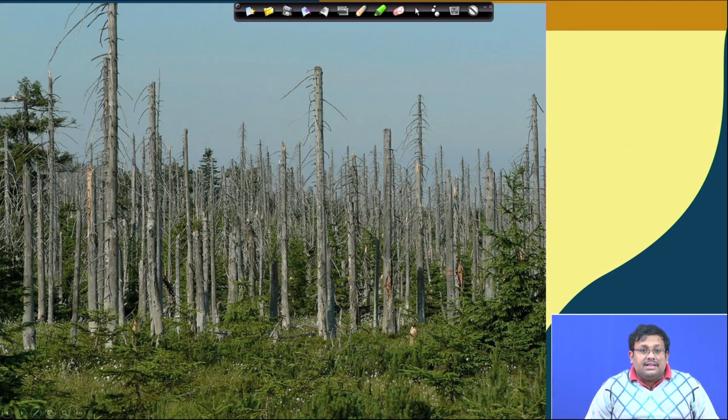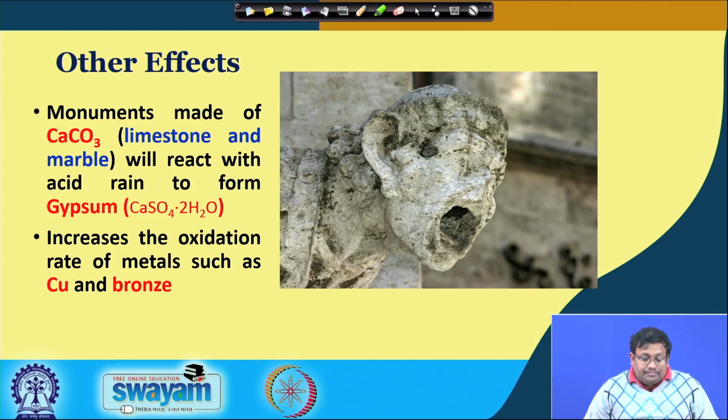As you can see here, this shows a forest area impacted by acid rain, and the deleterious effect is clearly visible. So we should be very careful with industrial operations, as well as different anthropogenic influences, and control the release of these gases, because that will impact forest ecology. Now, what are the other effects of acid rain?